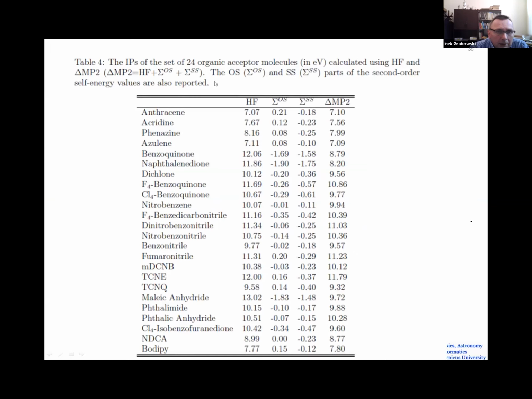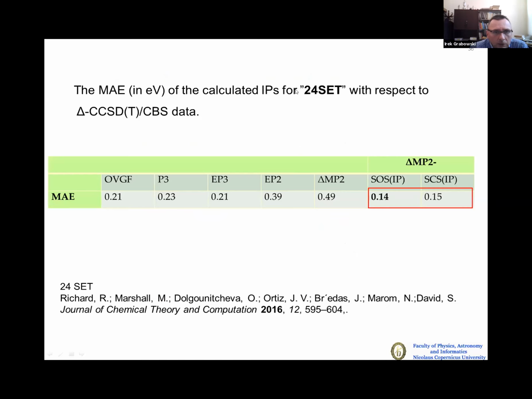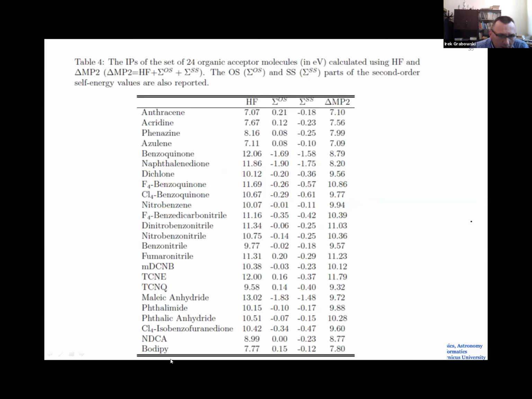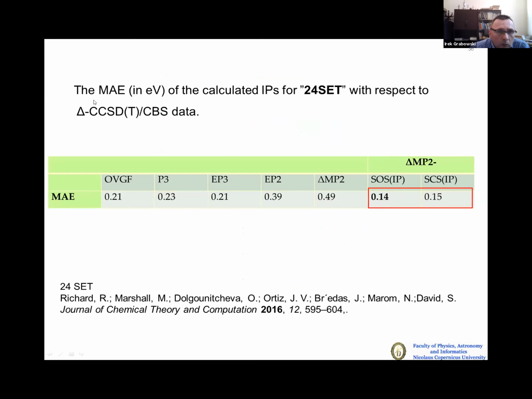or different benchmarks. First, 24 organic acceptor molecules. So you can see them here. I don't know the names. And how the method works? Again, the error was calculated with respect to delta CCSD(T) CBS data.